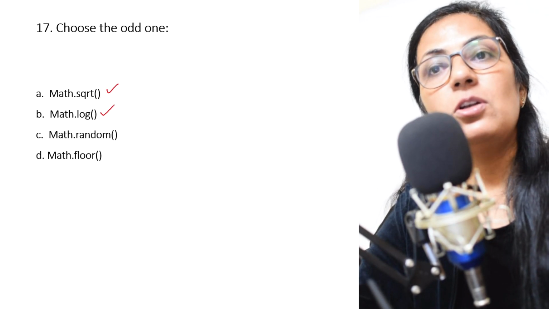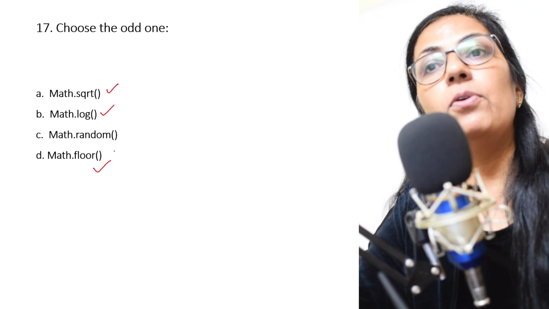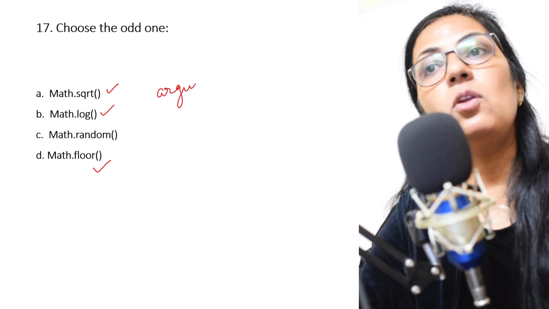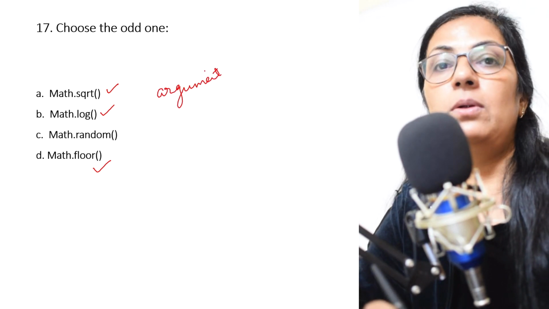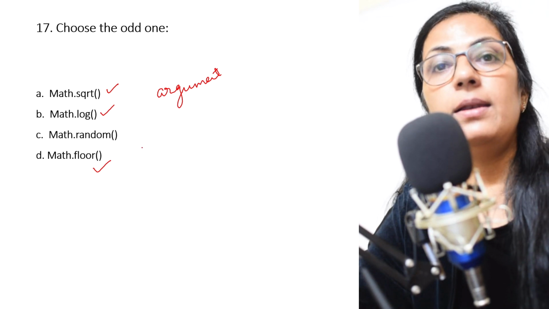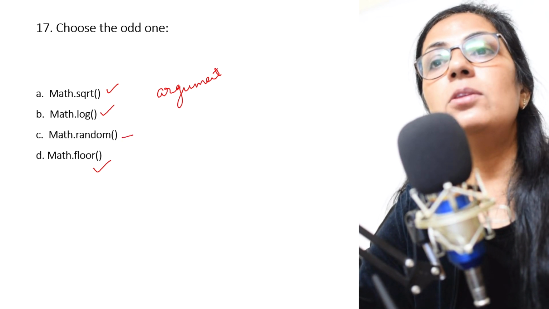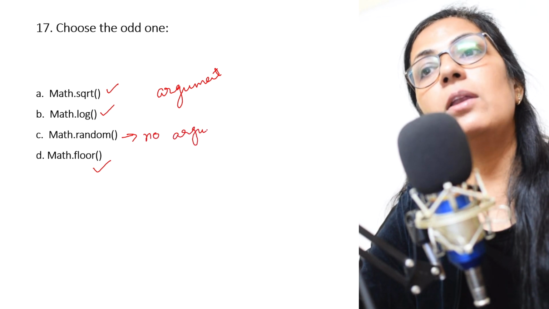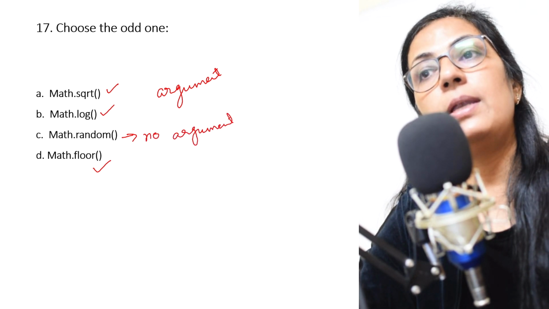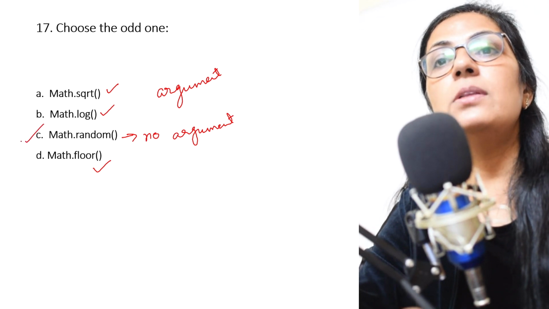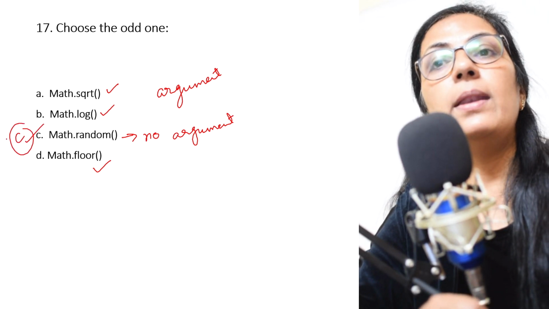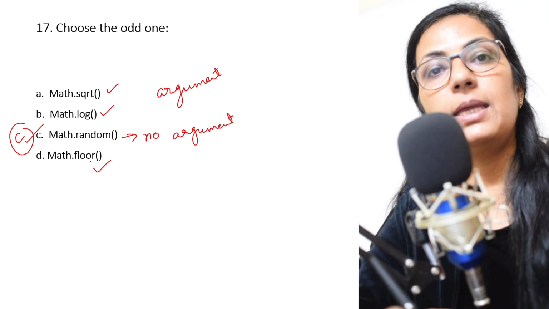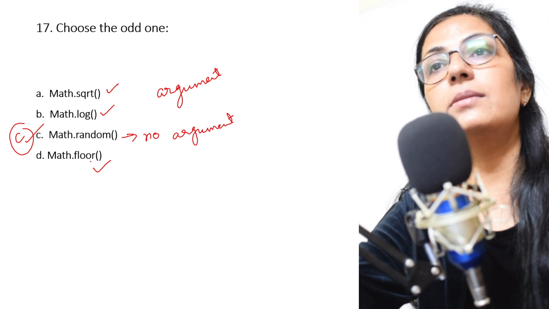Math.sqrt, math.log, and math.floor, all these three functions require some argument to give the result, right? But math.random function never ever takes any argument or value to generate the result. So option C is the odd one, which never takes any argument, right? Rest all are taking the argument to generate the result.